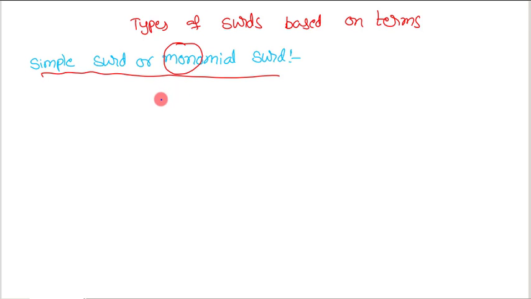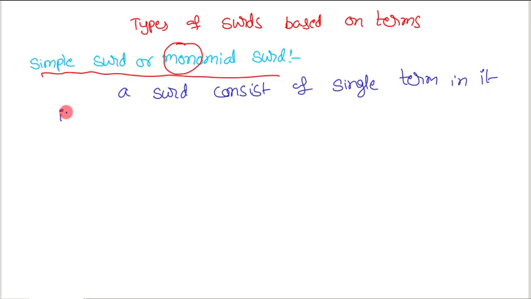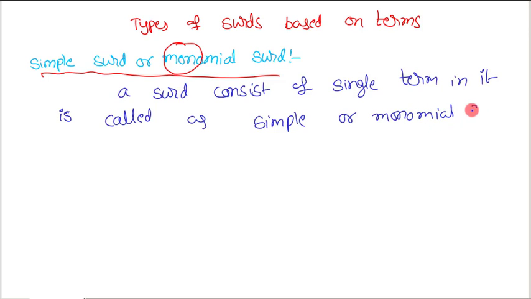So a surd which consists of a single term is called a simple surd or monomial surd. Okay, this is about the simple surds.